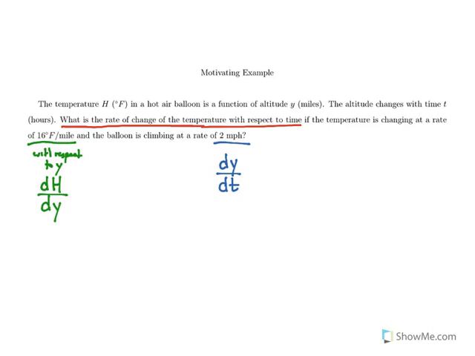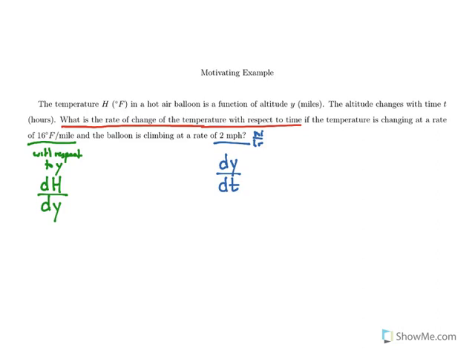Miles per hour is altitude over time. And we have both of these derivatives that is somehow going to give us our final answer here. And this is a motivating example because we can kind of reason out what the answer should be without the need for something called the chain rule. And then we'll see how it's related.